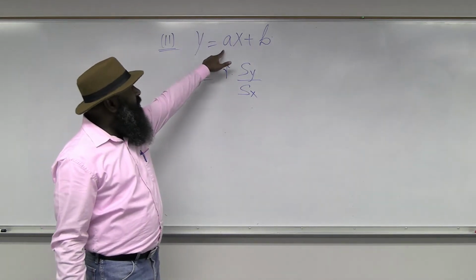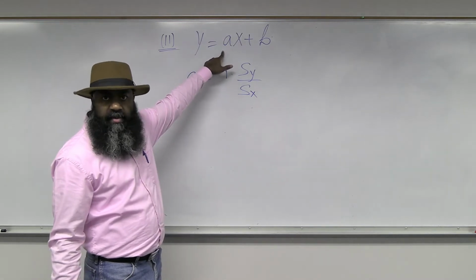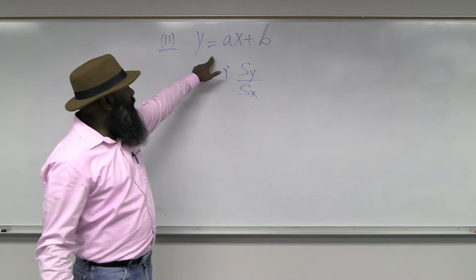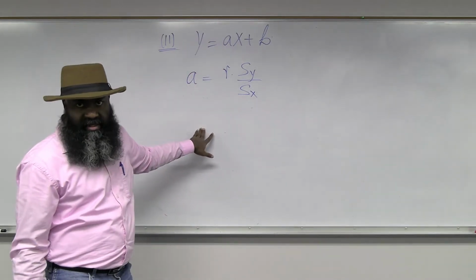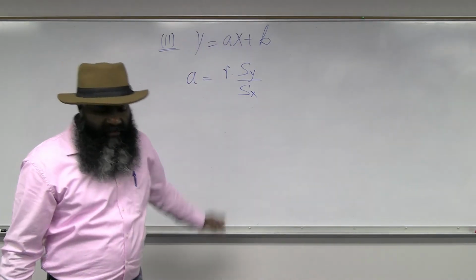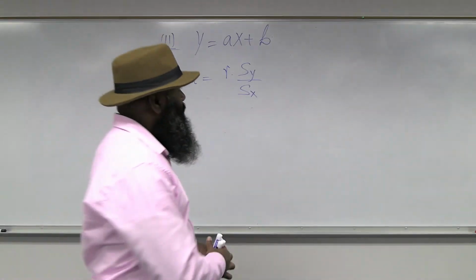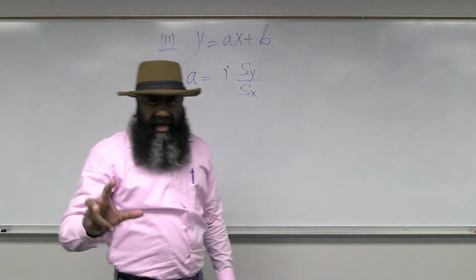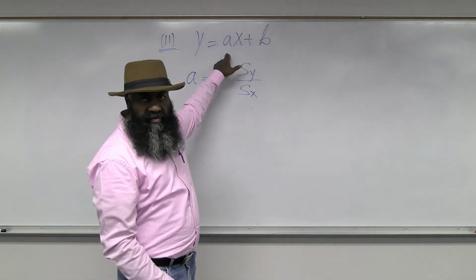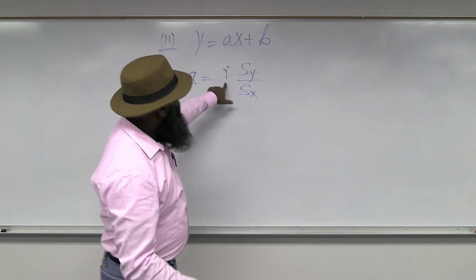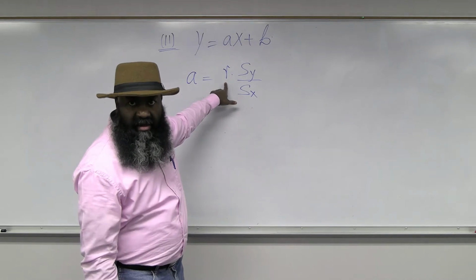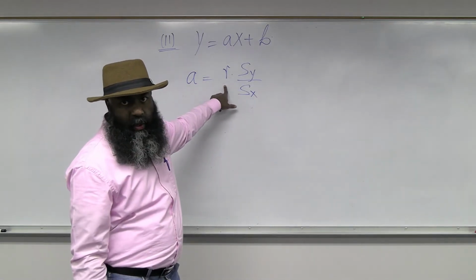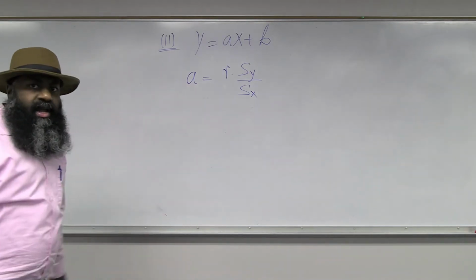In an increasing relationship, A means the slope, and slope should be positive. And if your relationship is decreasing, that means the scatter plot has a decreasing overall shape. In that case, the slope should be negative. And it makes sense because the calculation of the coefficient of correlation will say that R should be negative in that case. So that's the connection between A and R.